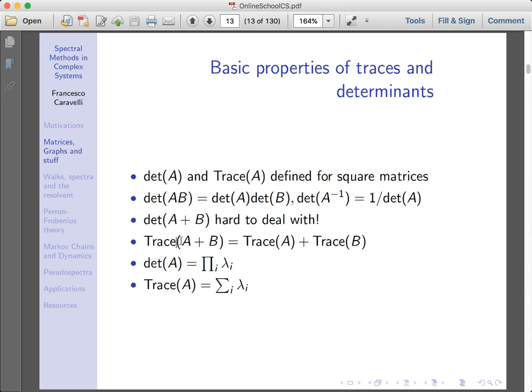It's not trivially the product of the sums of the eigenvalues. Meanwhile, the trace of A plus B is trivial, in the sense that it is exactly the sum of the eigenvalues of A and B. Again, the definitions can be made in terms of eigenvalues only if you know them.